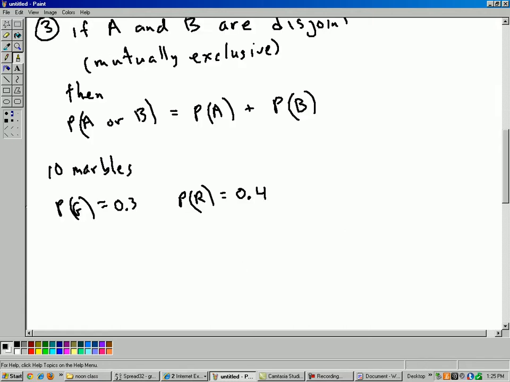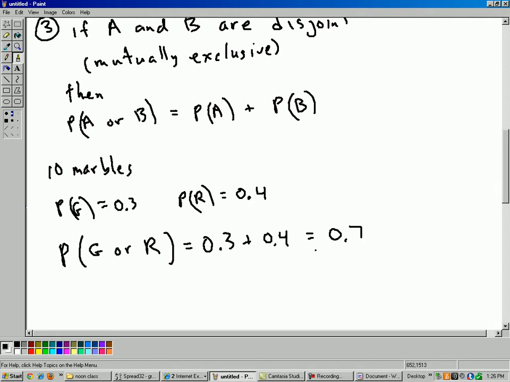We want to know what's the probability that you get a green or a red marble. So the probability of green or red is equal to the sum of those two individual probabilities. So it's 0.3 plus 0.4, which is equal to 0.7 altogether.